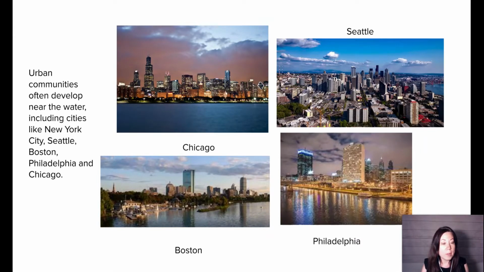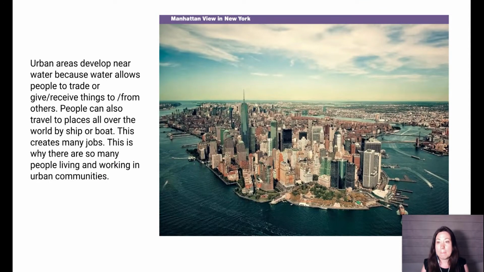Those are four other really big cities in the United States, and they're all by water. Urban areas develop near water because water allows people to trade. Trade means to give or receive things from others.